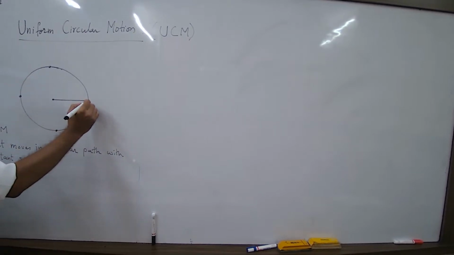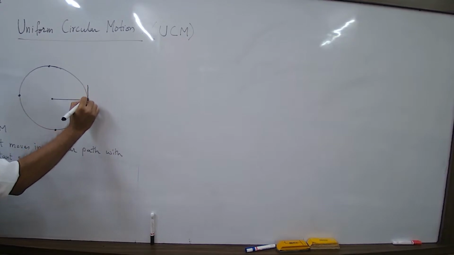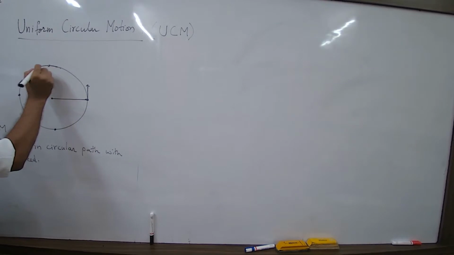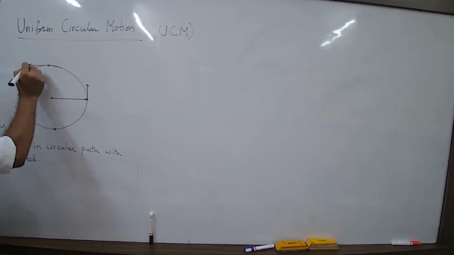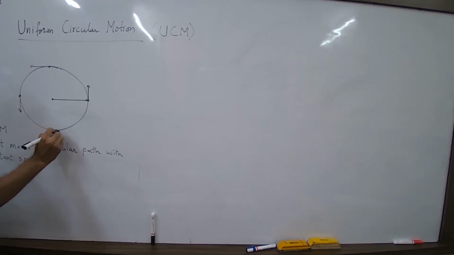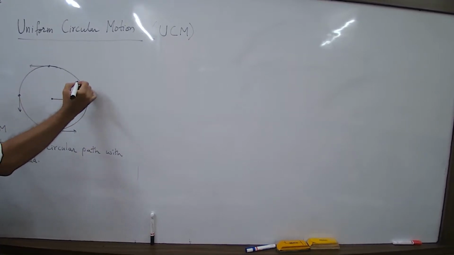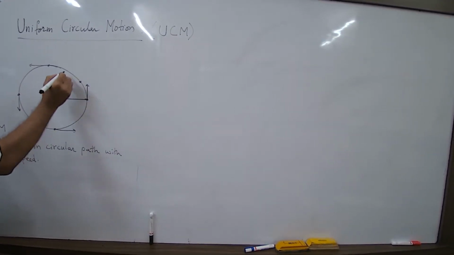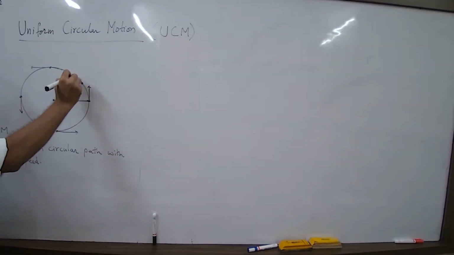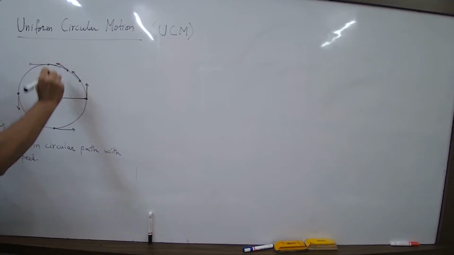Now see, what is its direction of motion at this point? Along the tangent. Okay? Along the tangent. Here, the tangent is in this side. So how come it is changing, right? Because at every point, its direction of motion must be changing, right? Every point, the direction is changing in UCM.